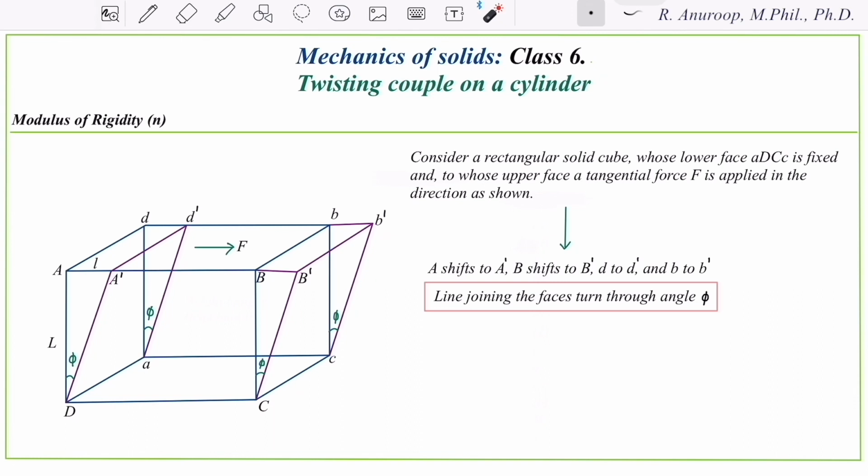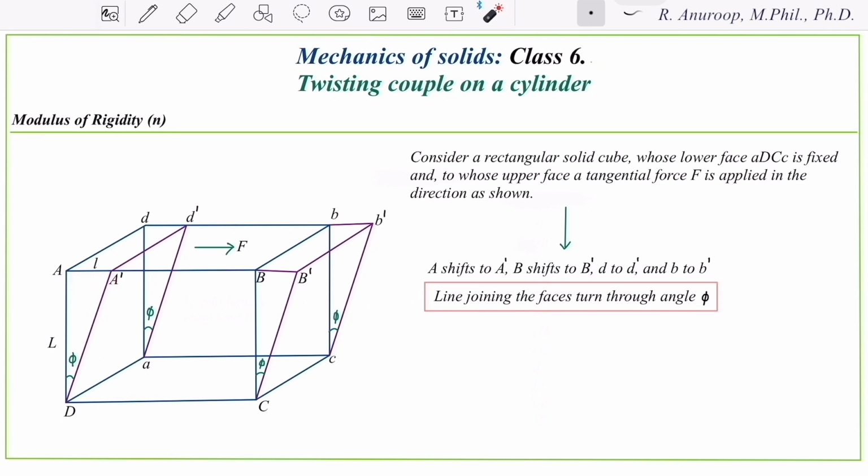And we can say that the line joining the upper face and the line joining the lower face is turned through an angle phi.